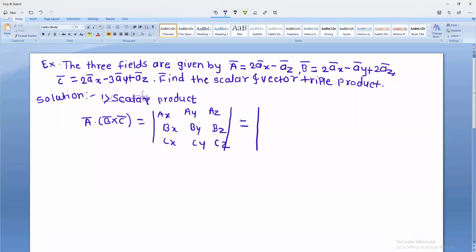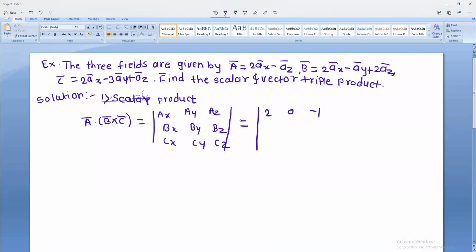Now, what is the x coordinate? This x coordinate is 2 in A bar vector. So it is 2. Then what is AY in A bar vector? AY is 0 and AZ is equal to minus 1.